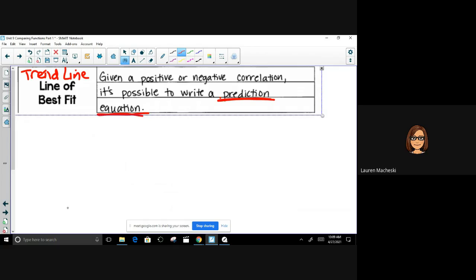Now this is where we need to refresh about a line. Does anyone remember the equation for a line? The equation for a line starts with y equals. That helps somewhat.